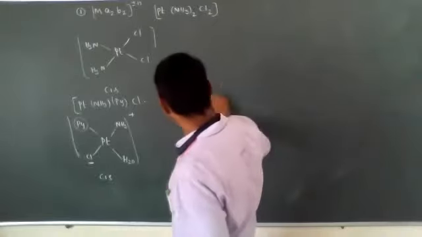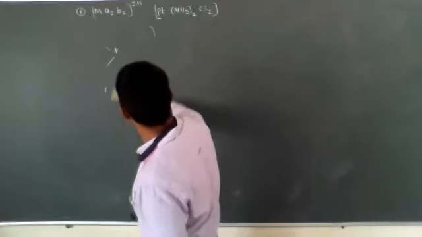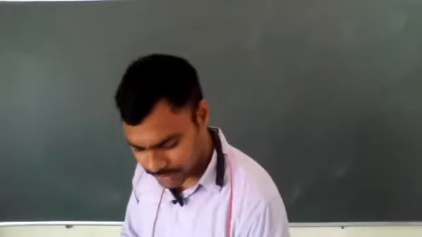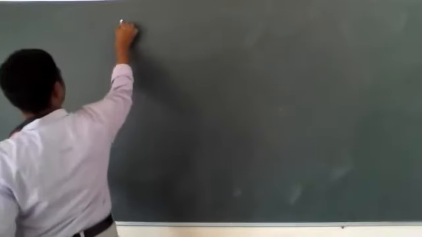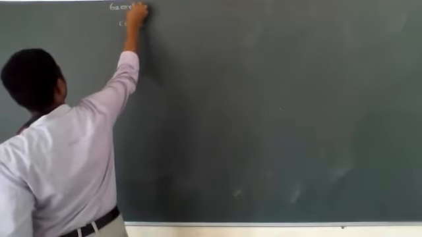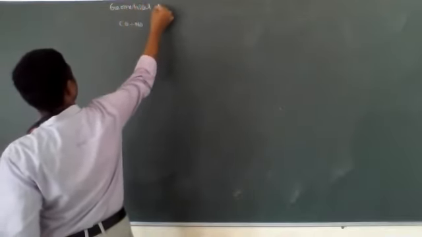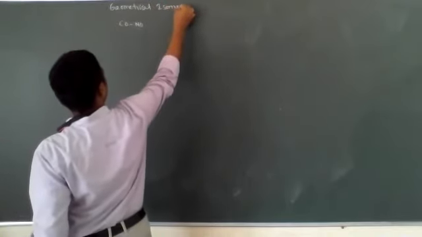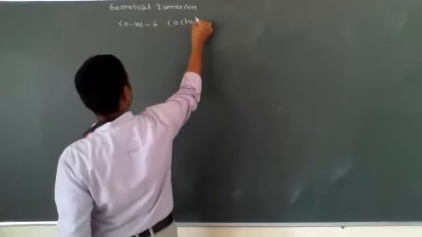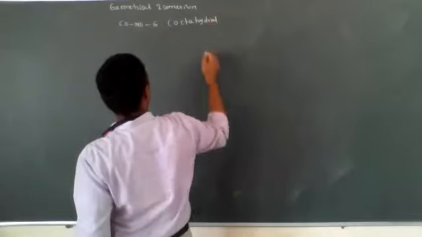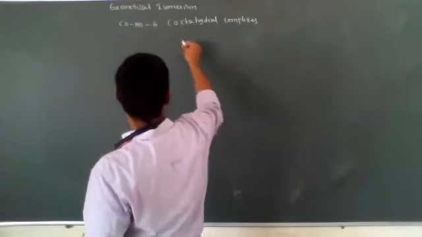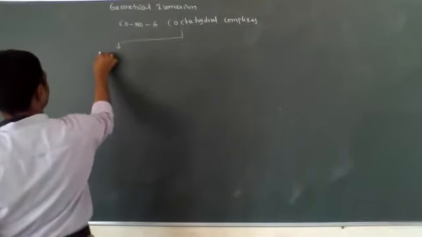Let's see geometrical isomerism in coordination number 6. Coordination number 6 means octahedral complexes. Octahedral complex. Monodentate ligands.